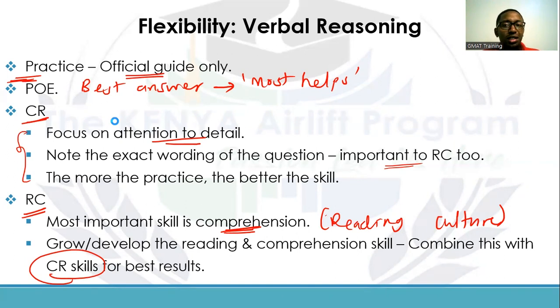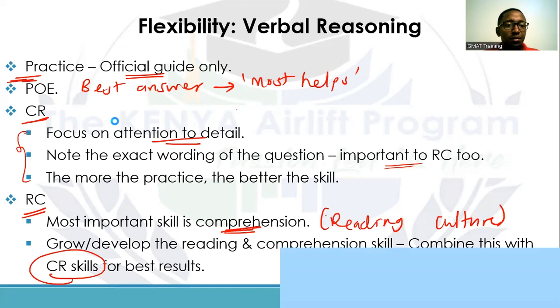So this now is the flexibility that you need, and you can see it's different when preparing critical reasoning and preparing for reading comprehension. So just to mention where you need flexibility in the remaining sections, just briefly.